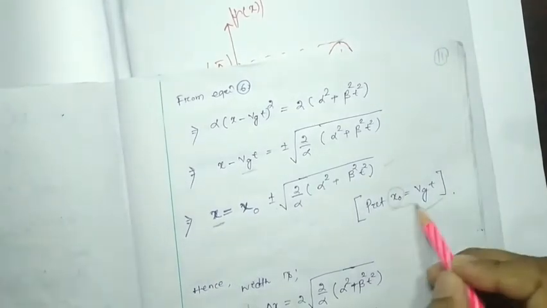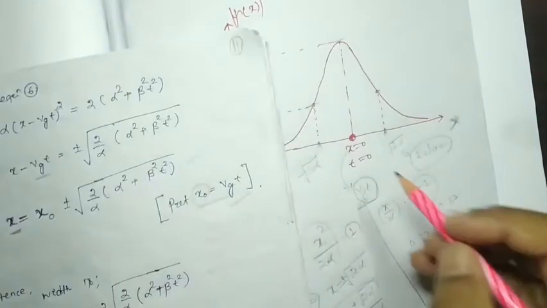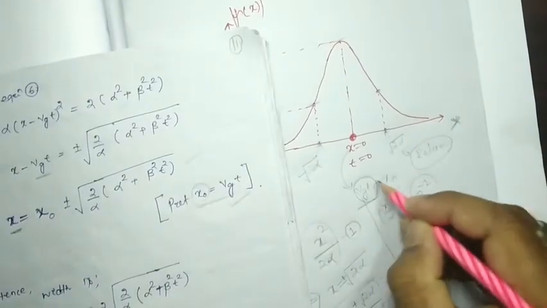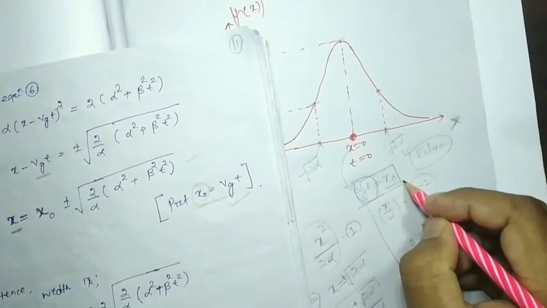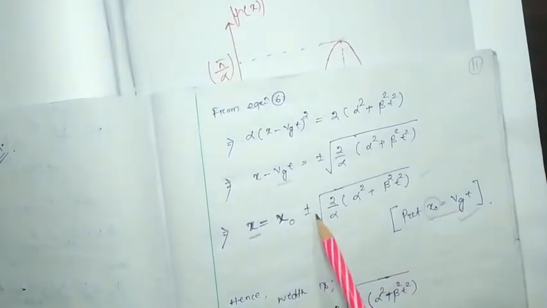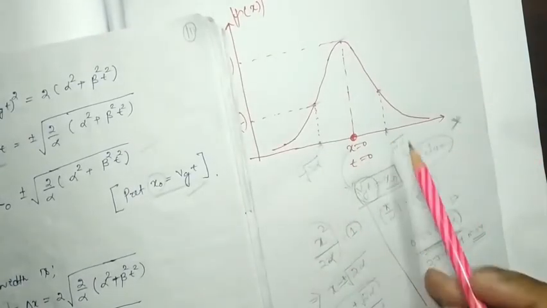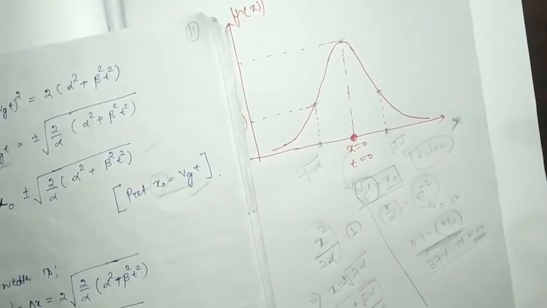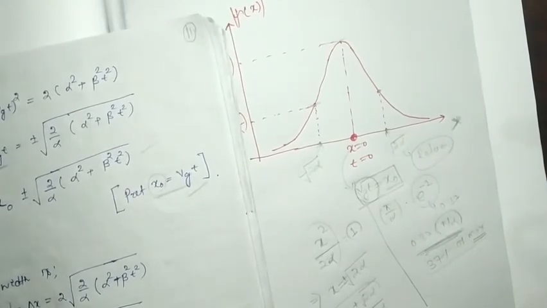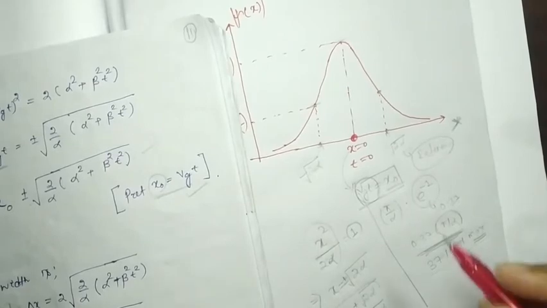Here x0 is nothing but considered as origin. vg t is considered as origin. But plus or minus, on both sides of this x0, we can find the two reference points where the probability density will be reduced to 37%.